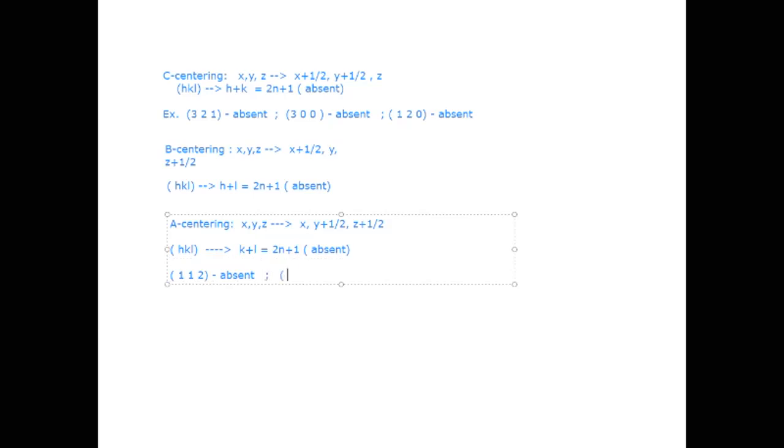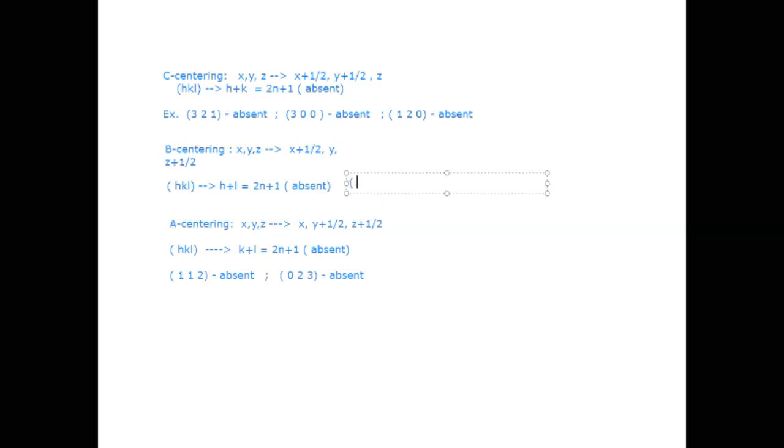We could do the 0, 2, 3. This would be absent, etc. Now for B centering, just to give you one or two examples of this.